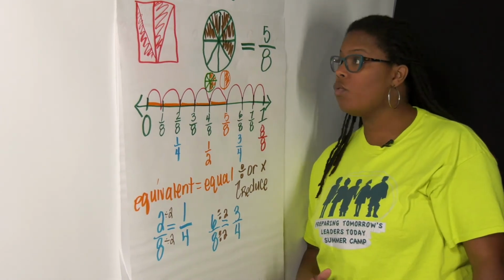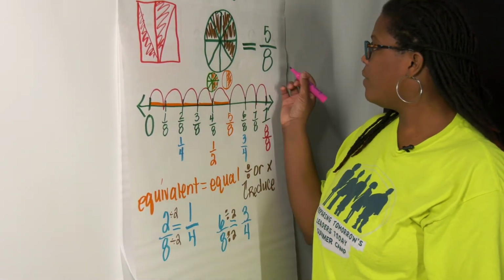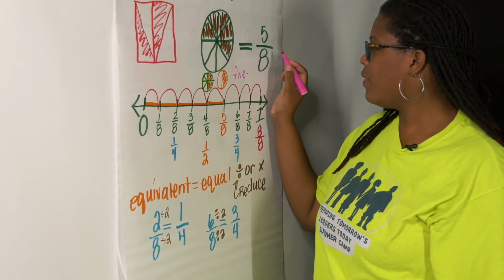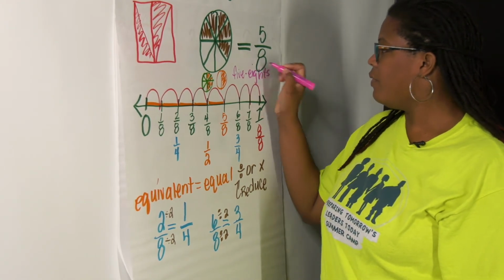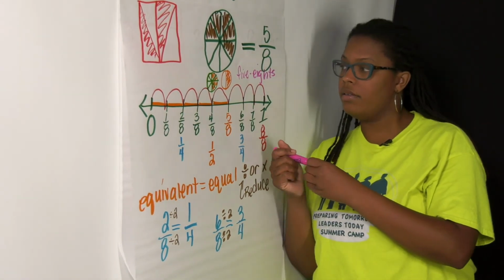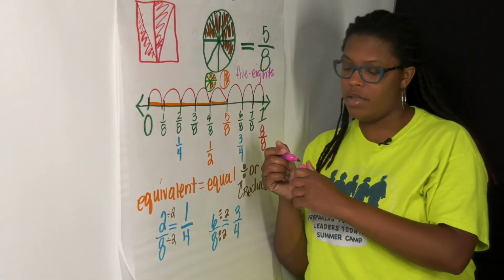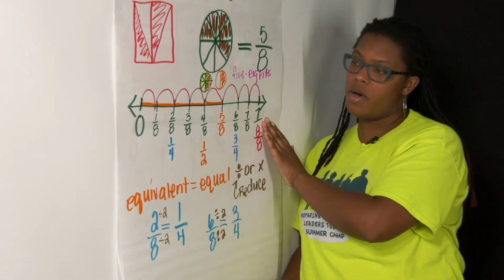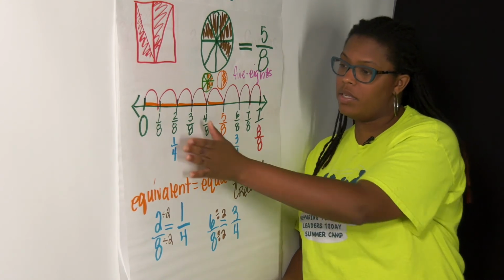Yesterday we did words, and if you wanted to write this one in words, 5/8 would look like this. Sorry, 5/8. Okay. That's 5/8. And then I also modeled what 5/8 looks like on a number line.